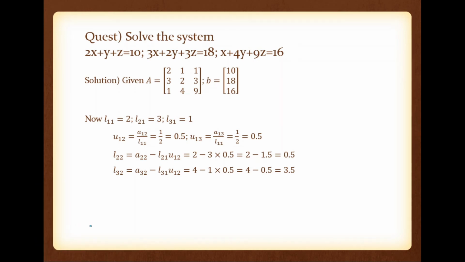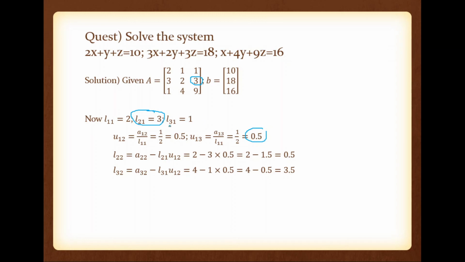Now what are we going to find? We are finding the second row of U, that is U23. So what is U23? U23 is A23 minus L21 into U13, all divided by L22. We need L22.